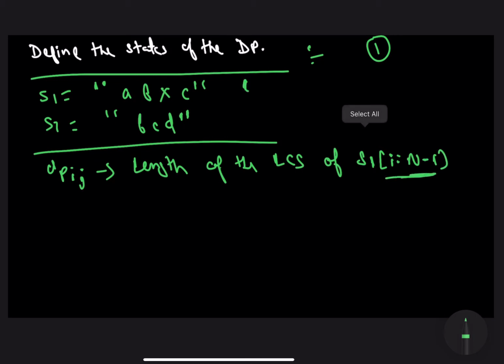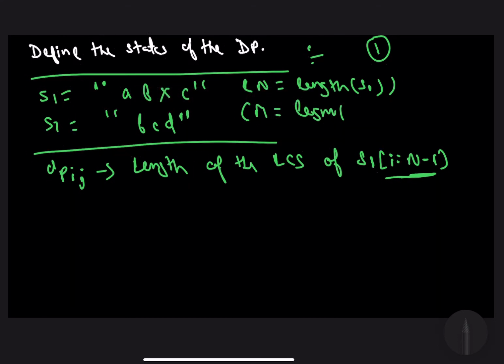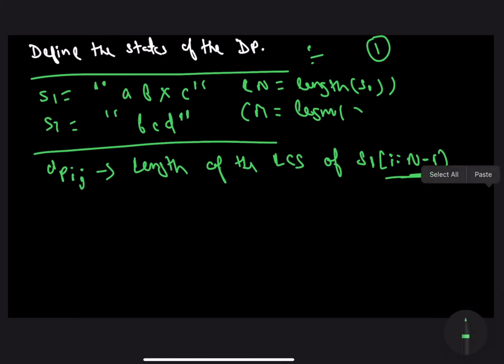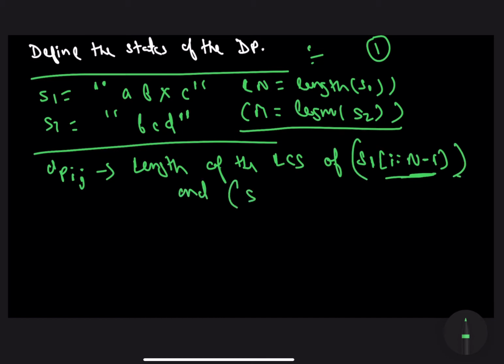So let's just define it over here. n is the length of the first string, the length of S1, and let's say m is the length of S2. Alright, m is the length of S2. So the length of the LCS of S1 i to n minus 1 and S2 j to m minus 1.